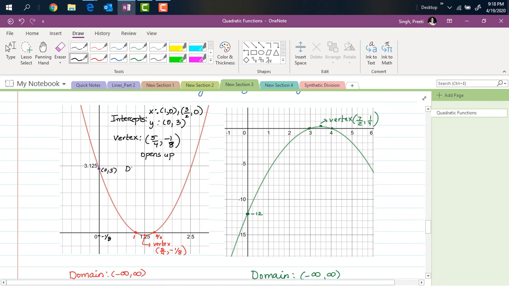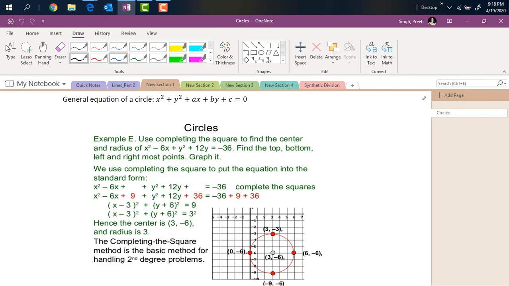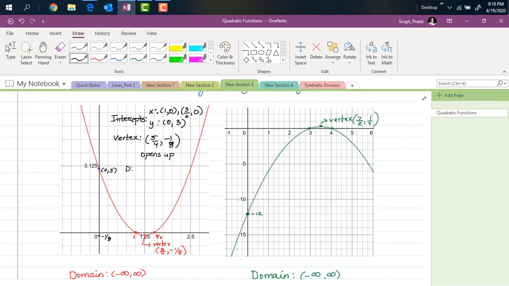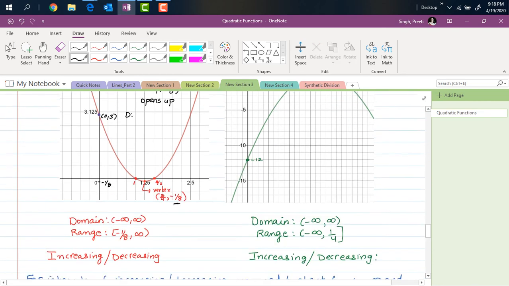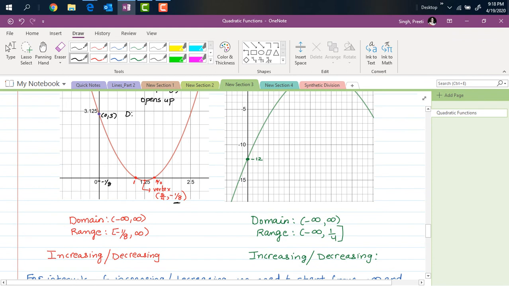Talking about its range, what do you think will be the range for this one? The range will be the lowest y value up to infinity. The lowest y value is at the vertex, and the y value there is -1/8. So the range is -1/8 to infinity: the lowest y value, which is the value of the vertex, all the way up to infinity.